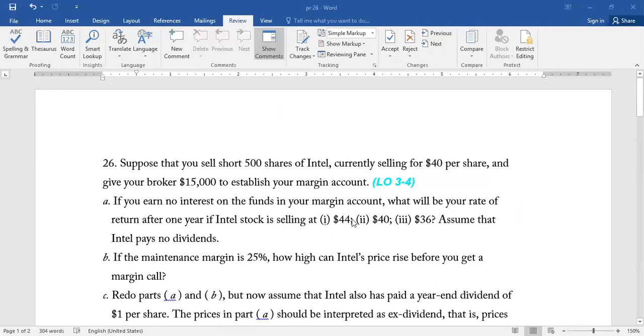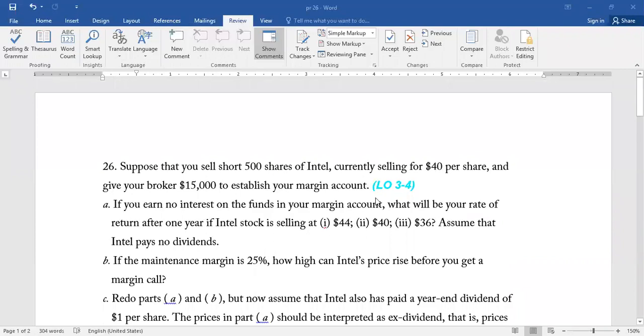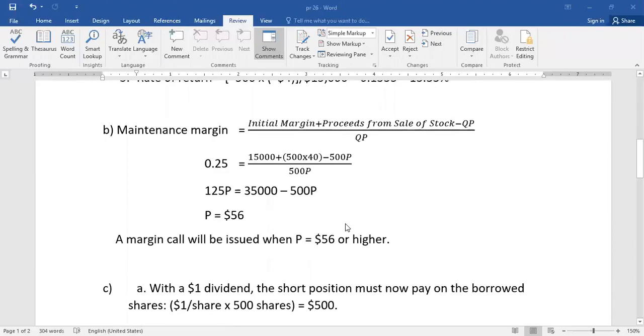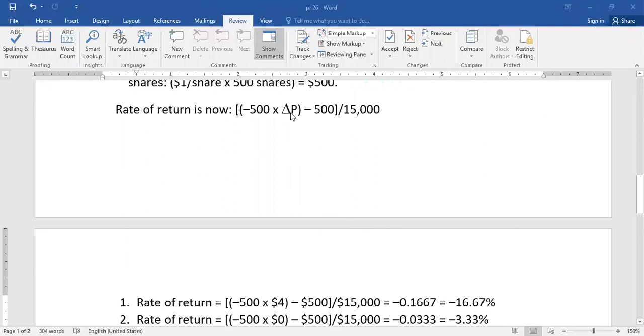Case number one, the Intel stock was selling a year from now at $44. So if the price is $44, I have an increase of $4 from 40, which is the current price, to 44, which is the price 1 year from now. So a $4 increase in price. So I replace delta P by $4.